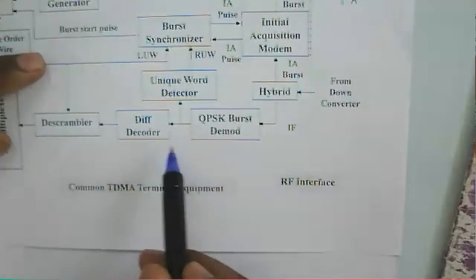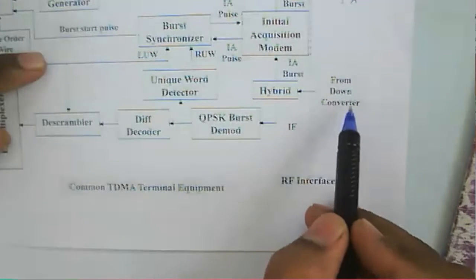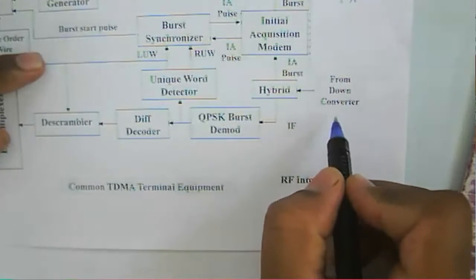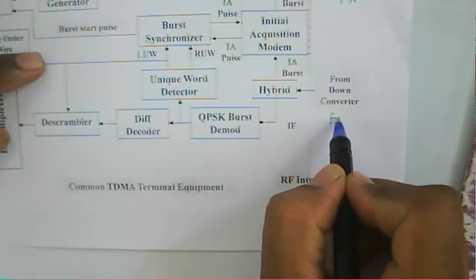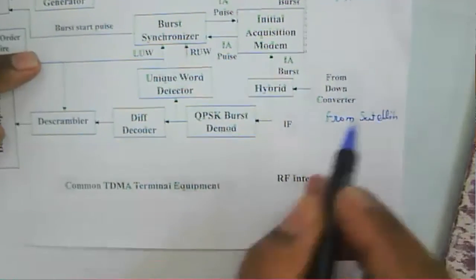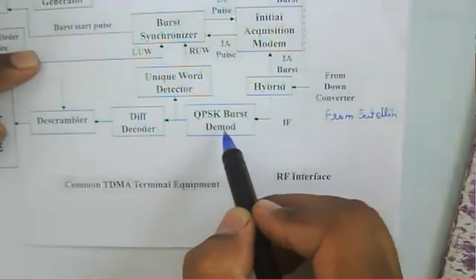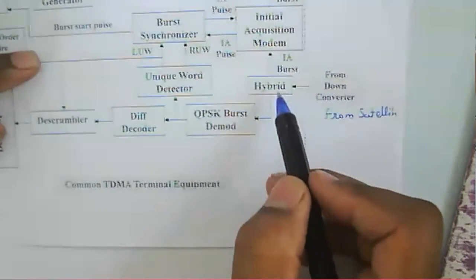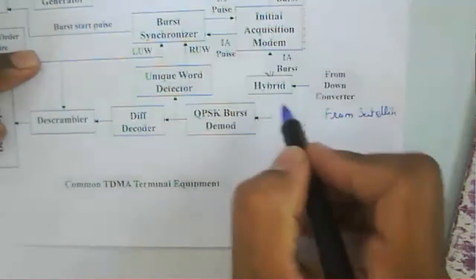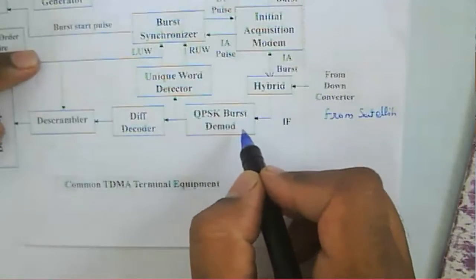But in the case of the receiving side, the signal is received from the satellite, here from the down converter. That is the output from the satellite. Then we have again the hybrid here, for the I burst. Then we have the QPSK demodulator here.